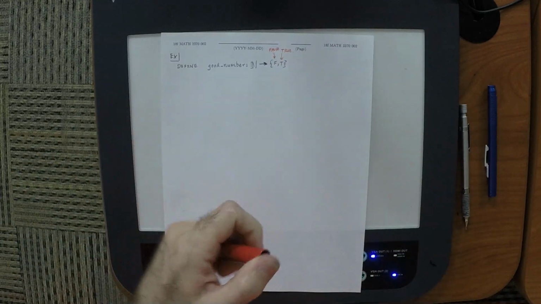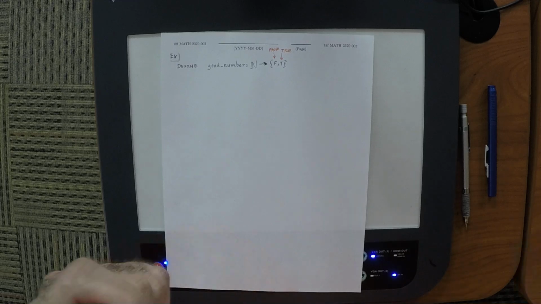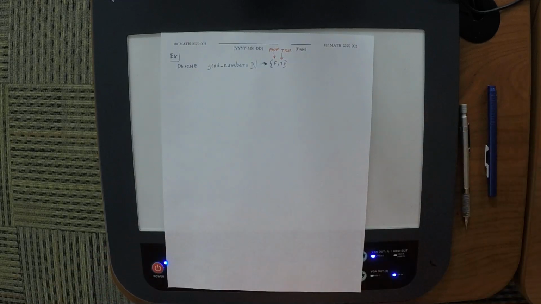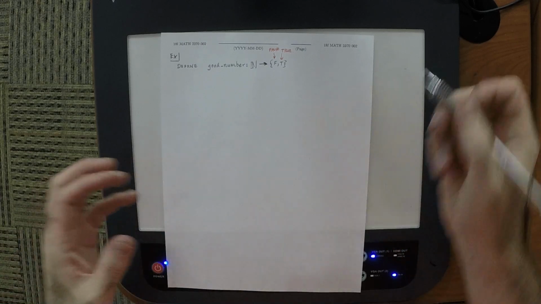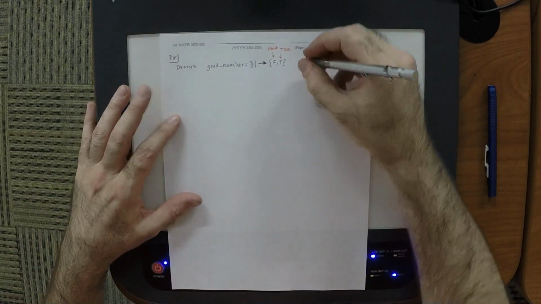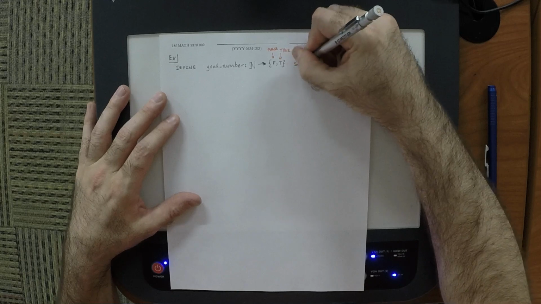So we're talking about a function where you can plug in a natural number, and out should come false or true, and it has to satisfy the following.